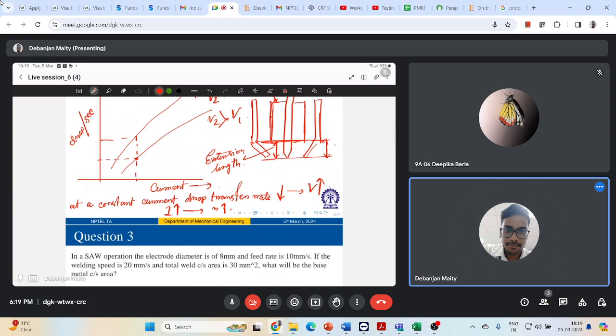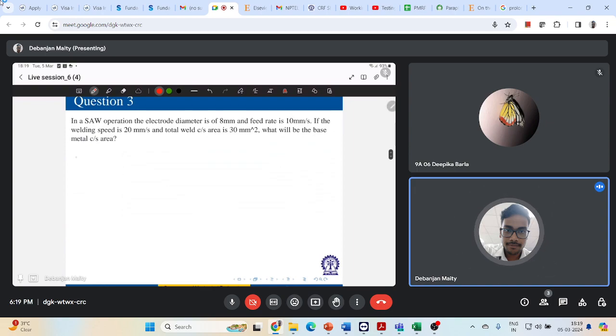Now, whenever you are using the electrode as your negative terminal, I'm talking about DCEN, as happens in gas metal arc welding, that will result in some kind of spatter formation or unstable arc, right?